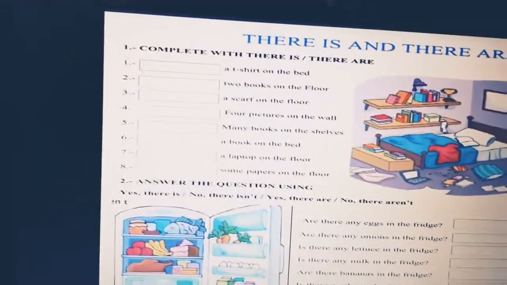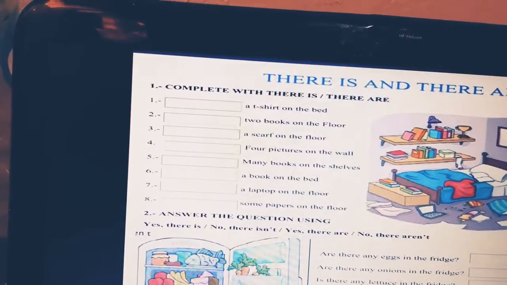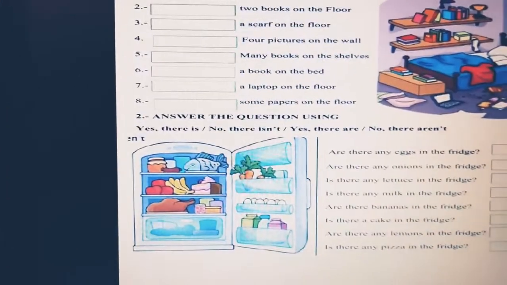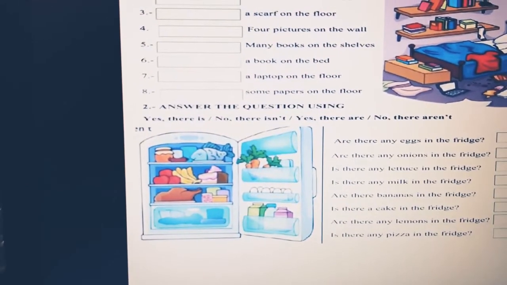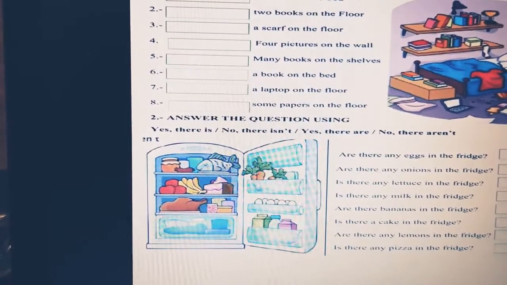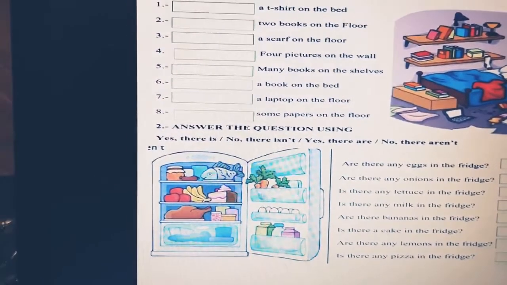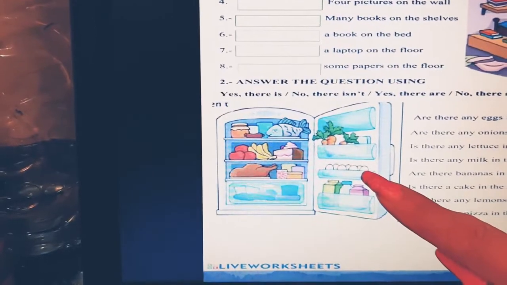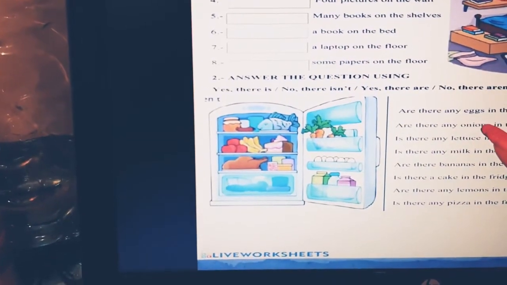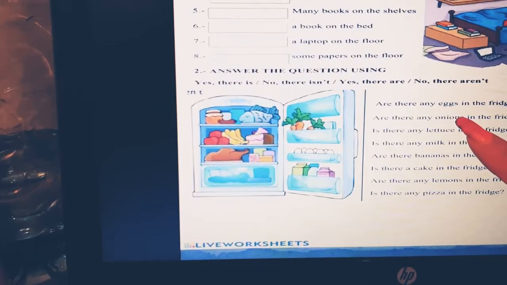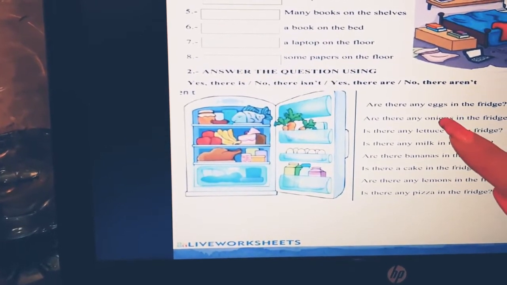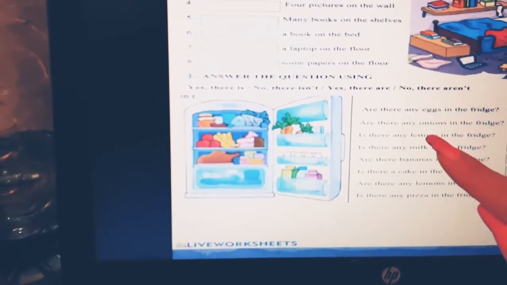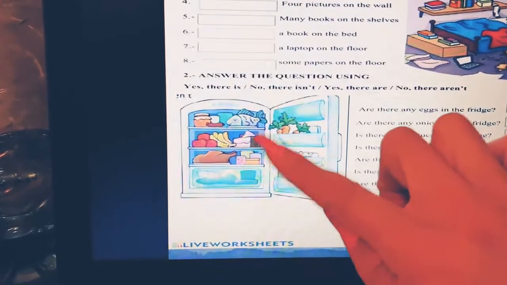So now remember, your homework is there is or there are. You have to copy in your notebook. Next one. Yes, there is, no, there isn't. Okay, I have here a fridge. Tell me what there is or what there are in the fridge. Okay, vocabulary, eggs. I have eggs. Onions, we don't have onions here. In this case, no, there aren't. Lettuce, no, we don't have lettuce.